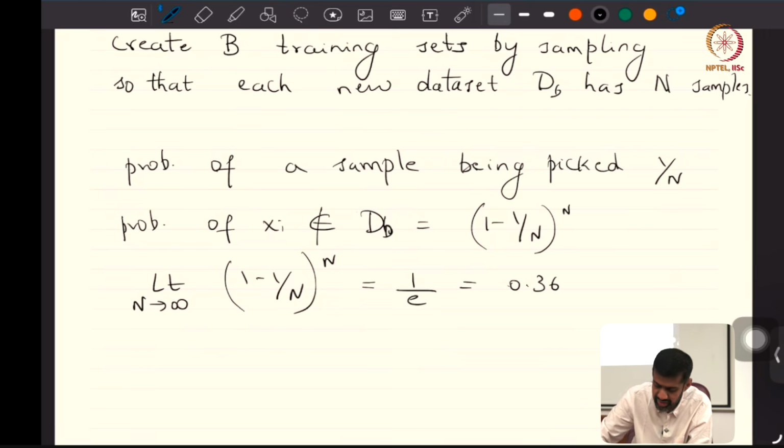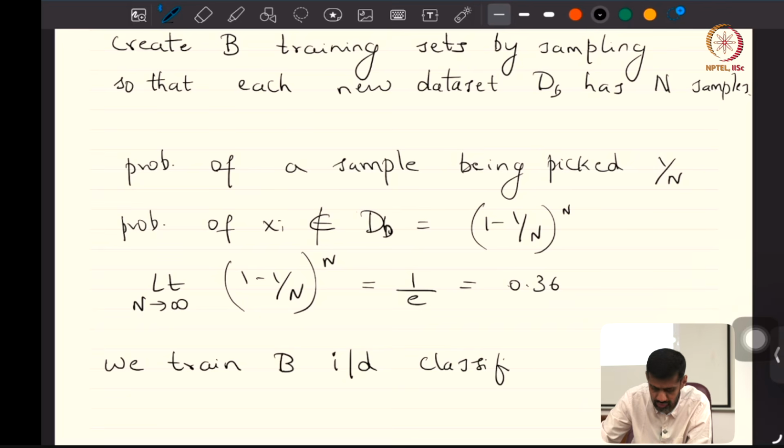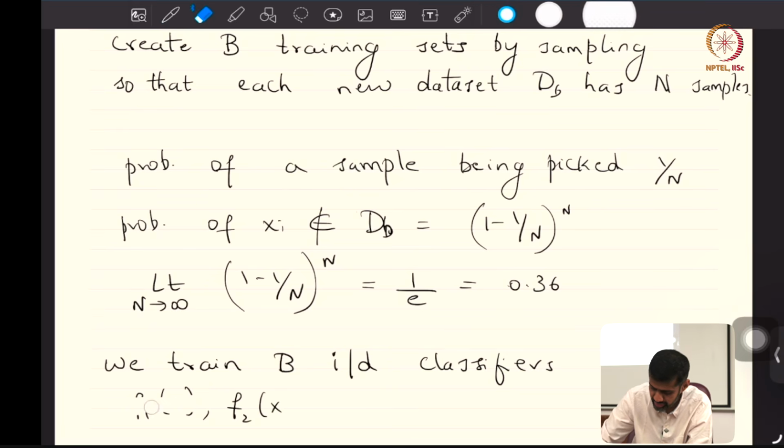So, the aggregation: train B independent classifiers or trees. Call them h1 of x, h2 of x, and so on up to hB of x. We have been using h for classifiers.